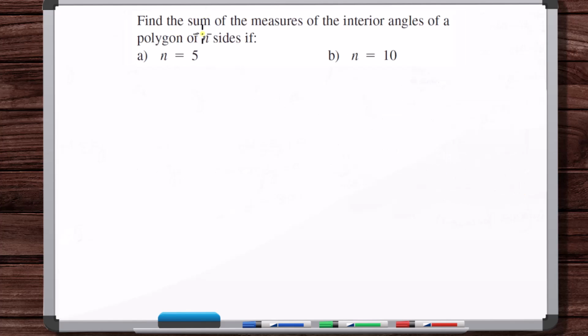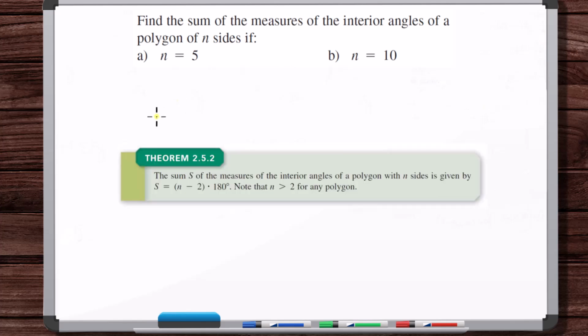Okay, find the sum of the measures of the interior angles of a polygon of n sides. Okay, so they're not talking about a regular polygon here. This is any polygon, and we know that the sum of the measures of the interior angles for any polygon, concave, convex, whatever, with n sides is given by this formula here: number of sides minus 2 times 180 degrees.